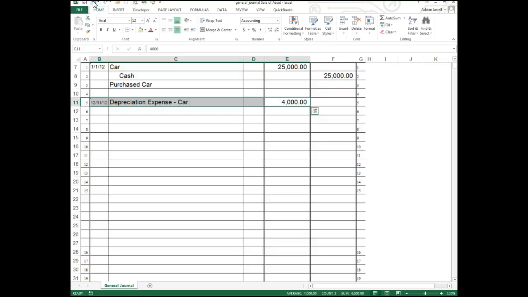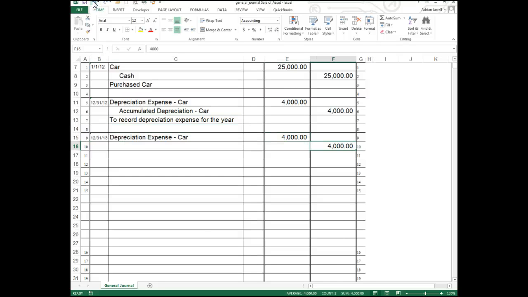So depreciation expense car $4,000, accumulated depreciation car $4,000, and the description. Since we kept the car for 2 years, we're going to do that again next year. So at the end of 2013, our adjusting entry is the same, and that's our car now has a net value of $25,000 minus $8,000, or $17,000.